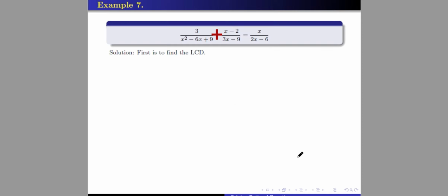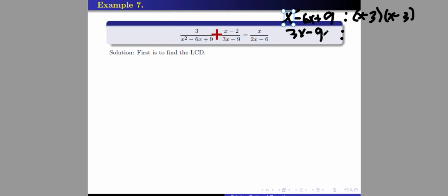So last example, so we have this. So LCD x squared minus 6x plus 9. So actually the factors for this are x minus 3 and x minus 3. So we have 2x minus 3. Then 3x minus 9. The common here is 3.